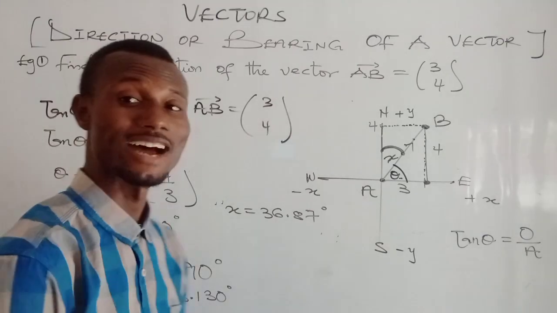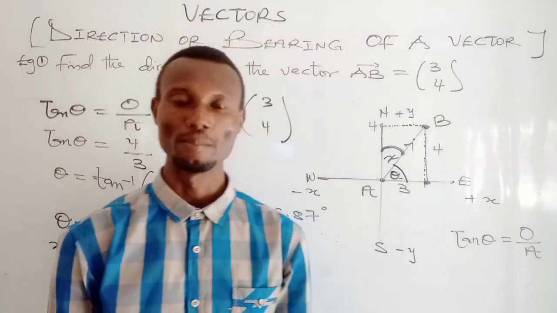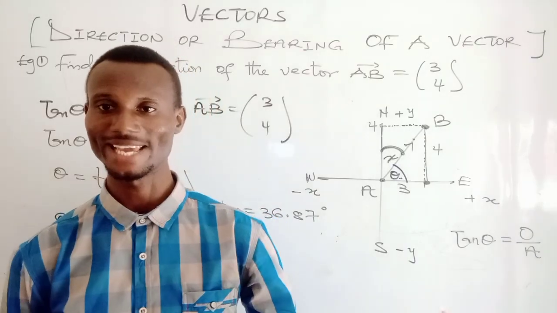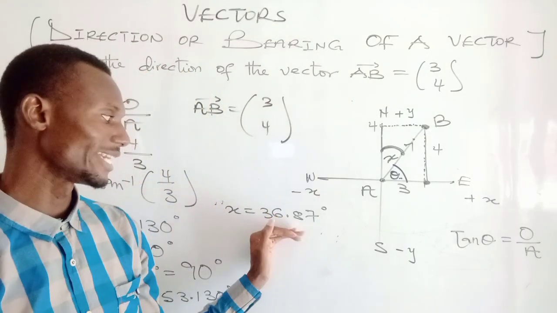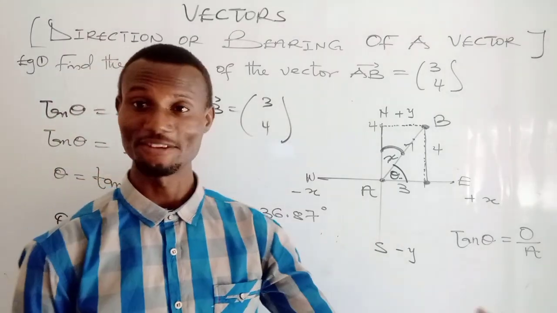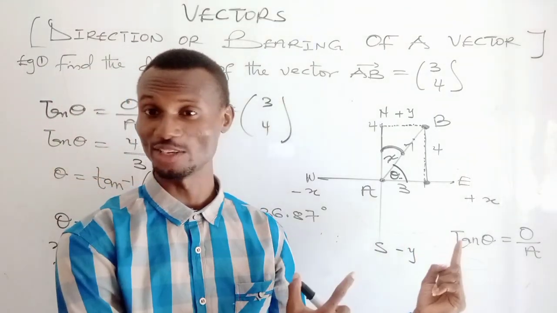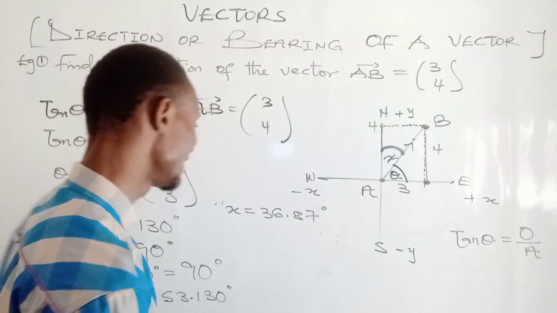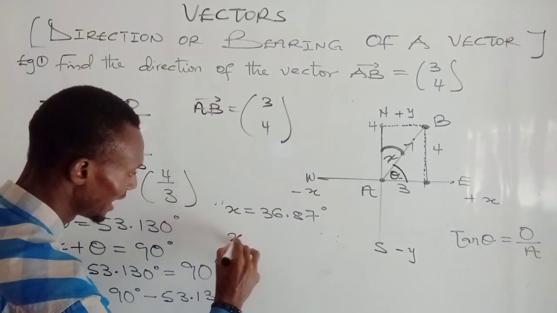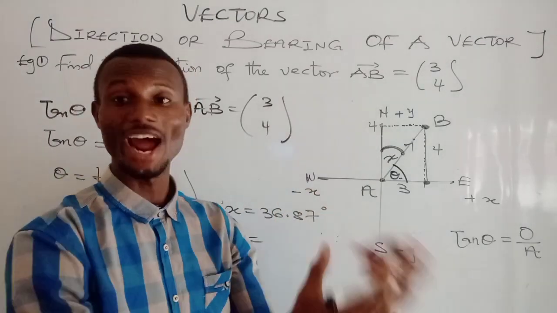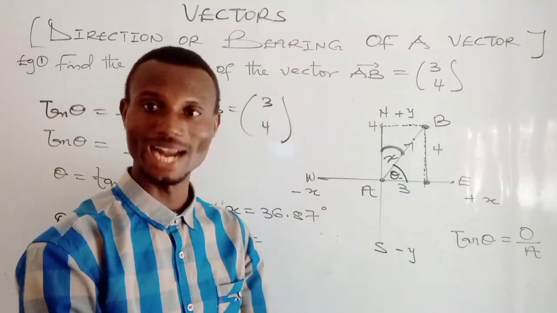And of course, I've explained to you that bearing should always be written in 3 figures, so we cannot leave it like this. We need to write it in 3 figures. I'll round it to the nearest whole number.